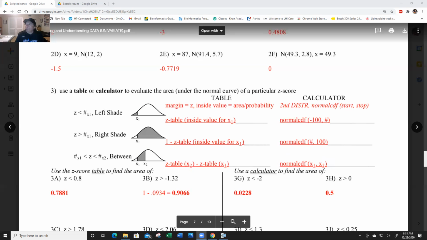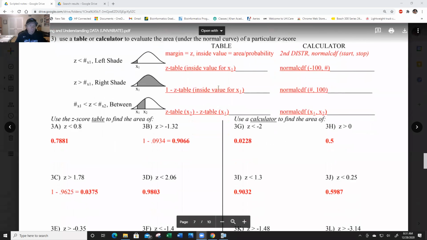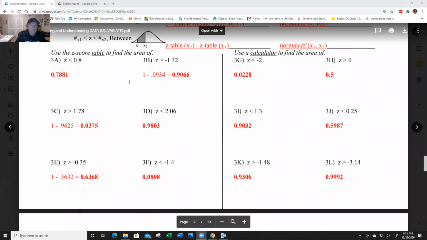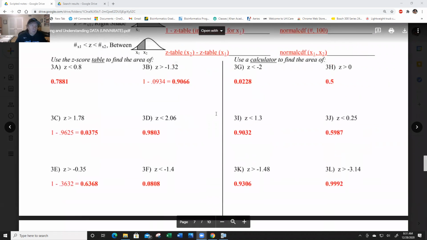All right, we're going to walk through some real simple problems here. Use a z-score table. For A through F here, we're going to use the table to find the area above and below these numbers. This is going to be real simple. We want the area below 0.8. No problem.